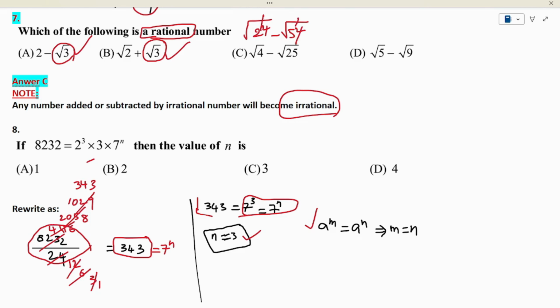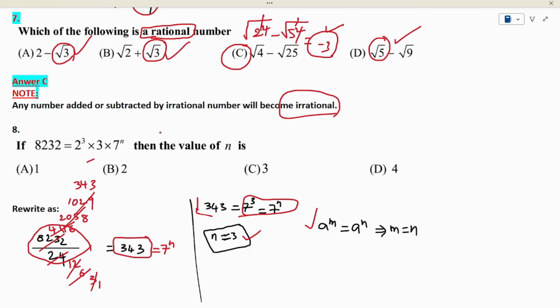By solving, we will get 2 minus 5, which is nothing but minus 3. Root 5 is an irrational number. By subtracting it from another number, automatically it will become an irrational number. So, A, B, D are irrational numbers. We need to find the rational number. So, the remaining option, option C, is the rational number. So, my answer is option C.